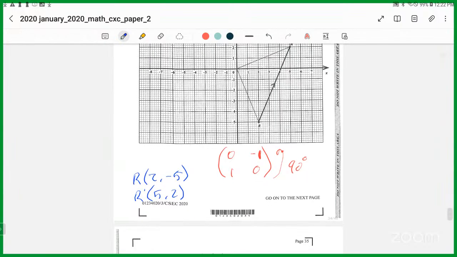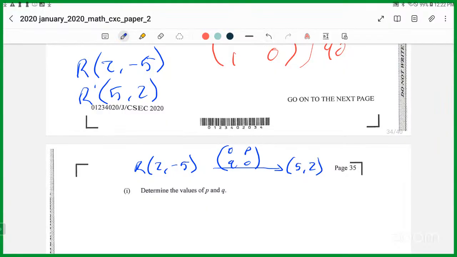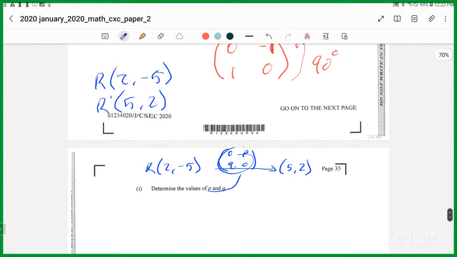What this is basically saying is that the point R (2, negative 5) was mapped by the matrix (0, P; Q, 0) to the point R prime, which is (5, 2). It means that when you apply this matrix to this point, the answer is that point.